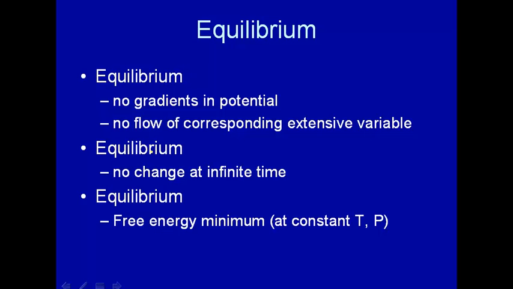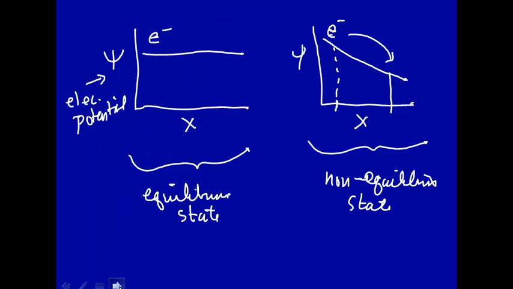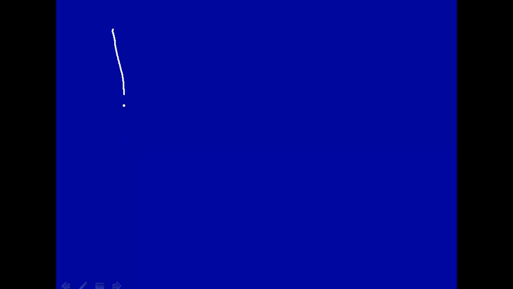Another way of looking at equilibrium, perhaps familiar with your study of thermodynamics and introductory chemistry, is no change at infinite time. So let's look at that. Suppose you have, say, a chemical reaction. Let's write a chemical reaction. A plus B goes to C. And this will be time.